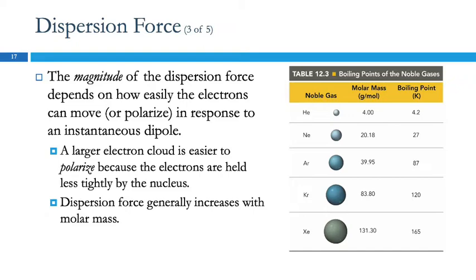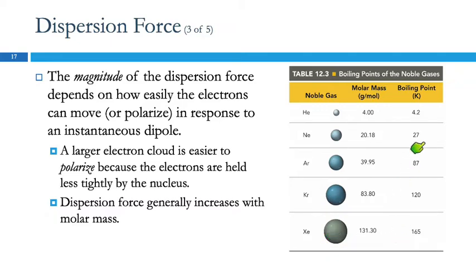So if you get a larger electron cloud, it's easier to polarize because the electrons are held less tightly, because the larger the cloud, the further away they get from the nucleus. And so we see, looking at the noble gases, helium is the smallest, and as we go down the column to xenon, xenon is larger. Xenon's electrons are easier to polarize.